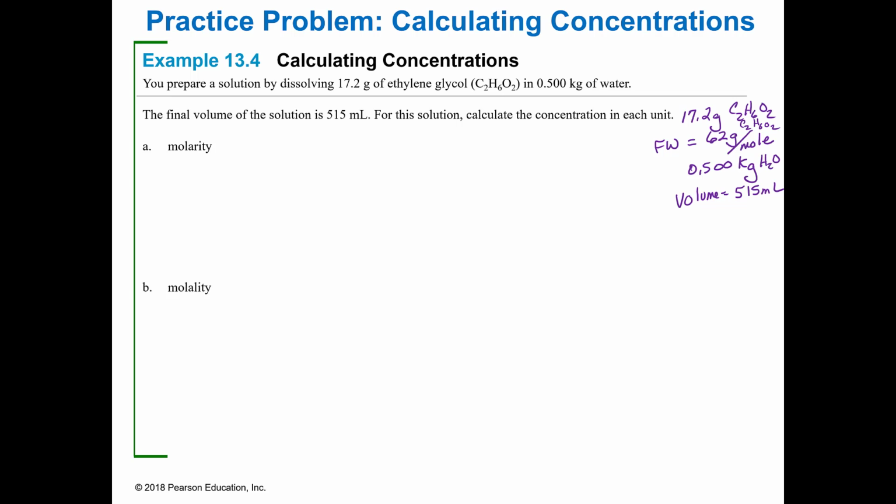One thing that I'm going to need to know is how many moles there are. So I'm going to go ahead and do that in my inventory over here, because I can do that very easily by saying I have 17.2 grams of ethylene glycol times 1 mole is 62 grams. When I do that calculation, I'm going to have 0.277 moles. And that just might save me some time if I do that later.